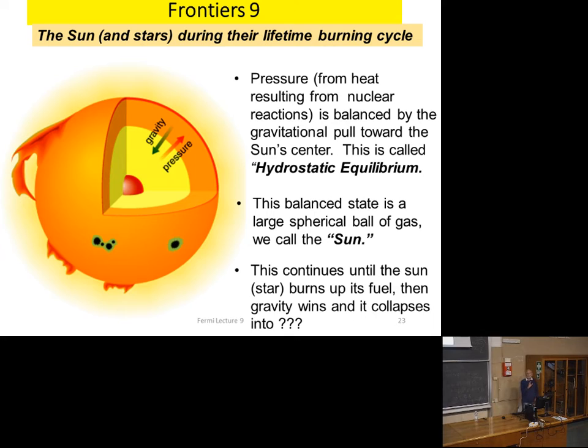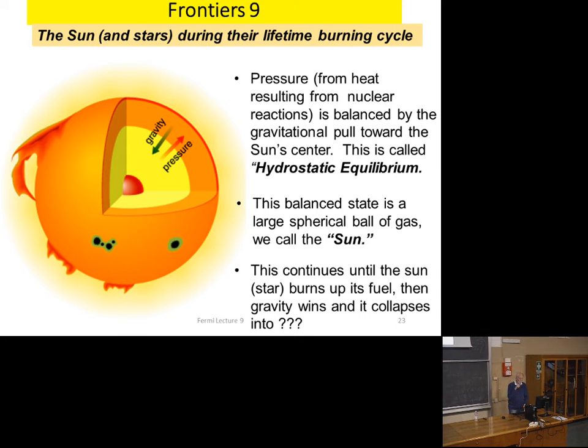This continues, and we happily watch the sun. It seems the same every day. It continues until the sun burns up all its fuel, just like a car burns up its fuel. At that point, the sun has lost its outward pressure, and so it collapses. And that's what we call a supernova.